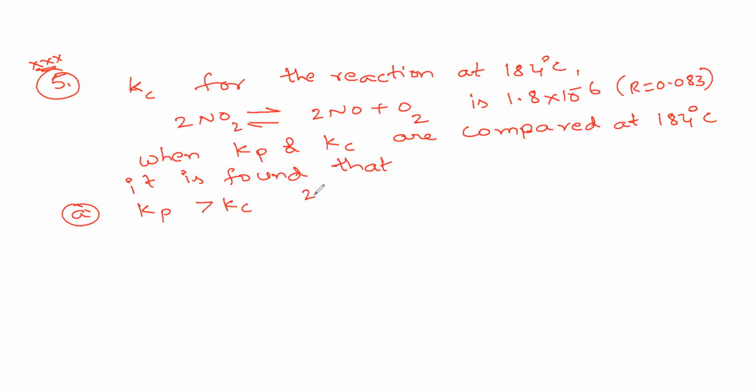Option 2, it is option B, Kp is less than Kc. Option C, Kp is equal to Kc.